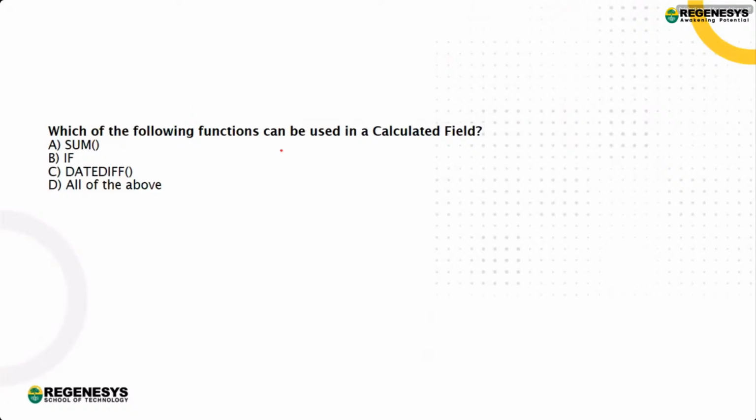Which of the following functions can be used in a calculated field? I hope that after yesterday's session you have seen the various functions which are available, and you have created some calculated fields based on those particular functions, right? I just hope that you have practiced afterwards.